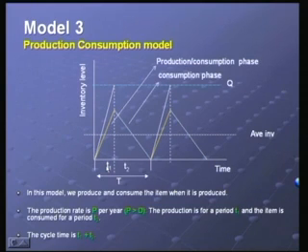So, total production Q is P into T1 and the maximum inventory that we build is P minus D into T1. So, in this model we have production rate P per year, P greater than D, production is for a period T1, item is consumed for a period T2 and the cycle time is T1 plus T2.